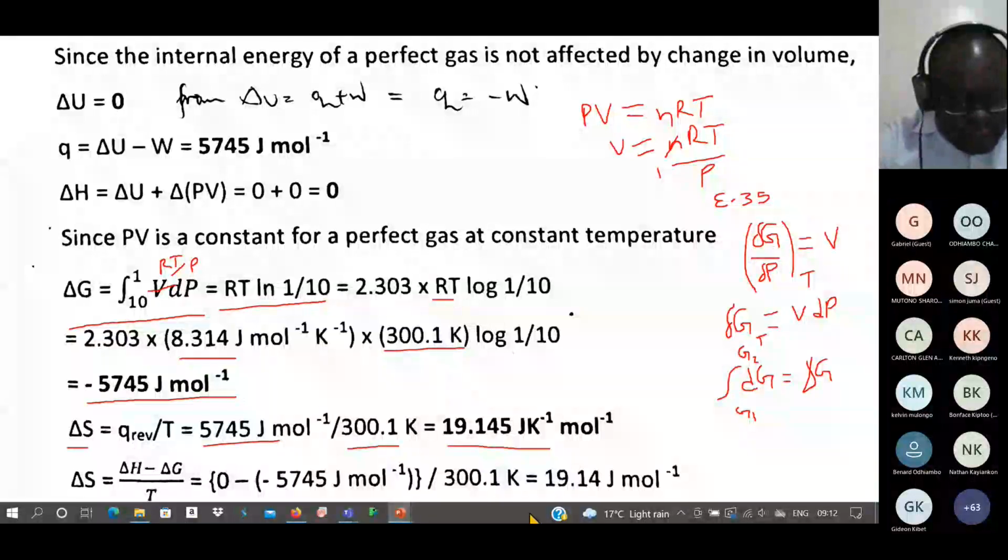Now, we can also find the value for delta S from this expression.